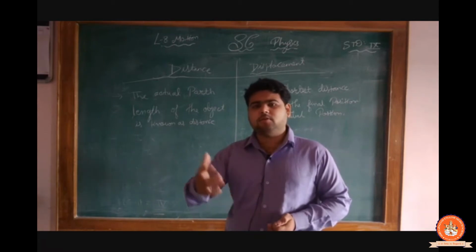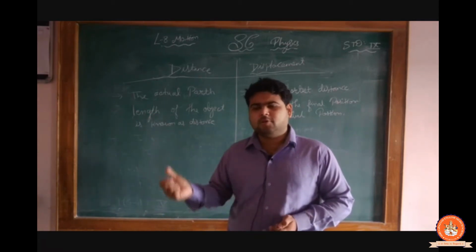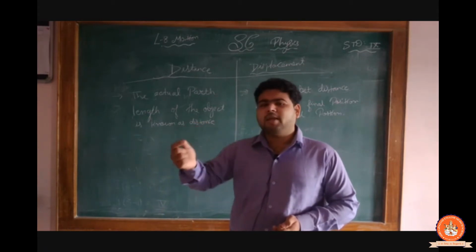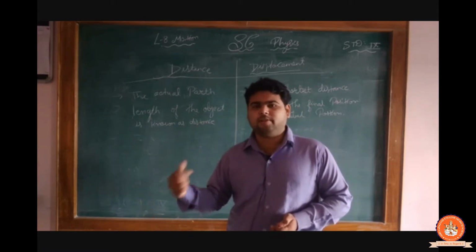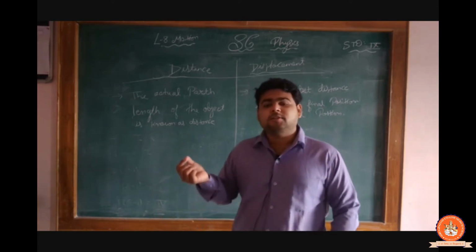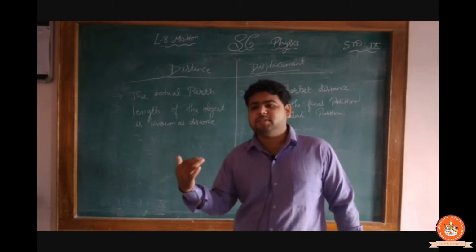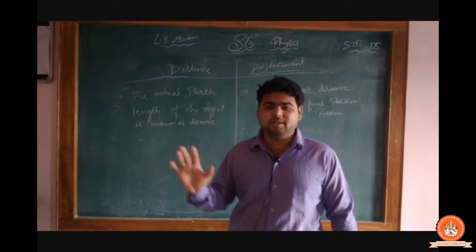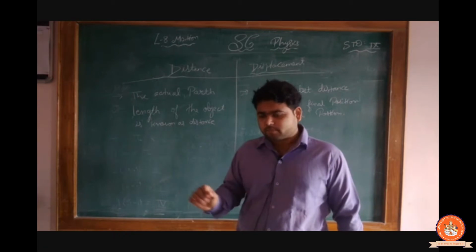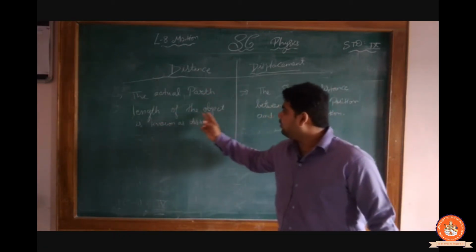Where is the school of a child? We say behind the railway station or in front of the railway station. That means we are giving a specific reference point, specifying the place where the school is. Clear?